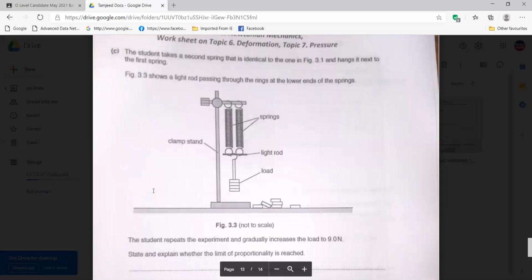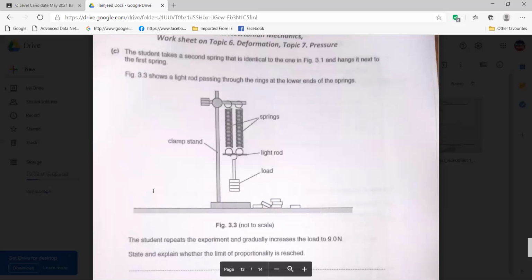So this 9 Newton will be shared equally. Each of the springs will get 4.5. 4.5 newtons. So write it in the space. Each of the springs will share 4.5 newton.